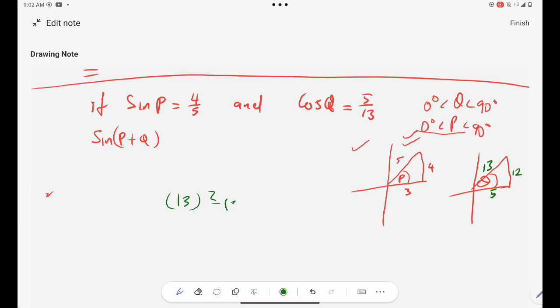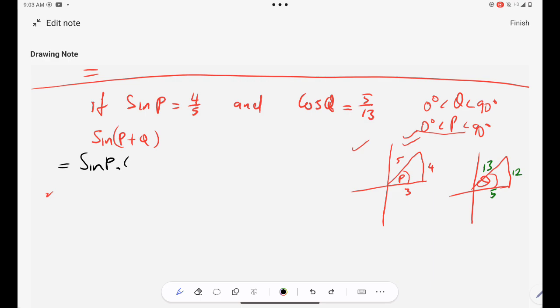13 squared minus 5 squared, 169 minus 25 is equal to 144. Yes, that's correct. I'll have a 12 there. So now I can simply calculate the value of sine P and cos P. Sine of P plus Q. Since I have a compound angle, I must simply expand my compound angle identity.